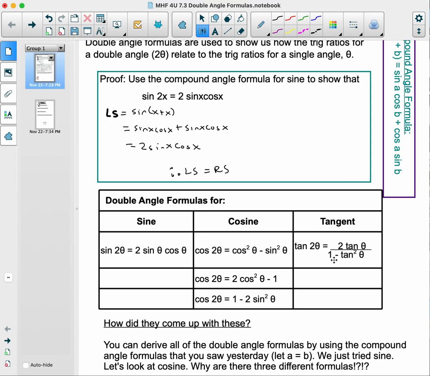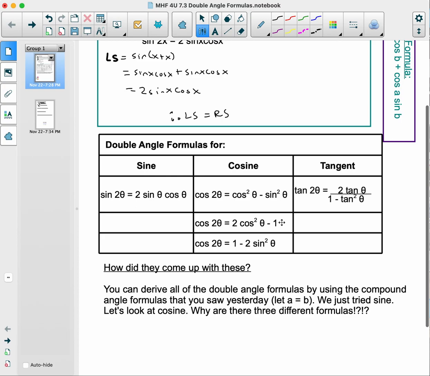If I see it in an identity, I replace it with sine over cos. If I see it in an equation, I replace it with sine over cos. So I don't really use it. If you are going to use it, this is the identity that you're using, and it is a combination of putting sine 2 theta over cos 2 theta.